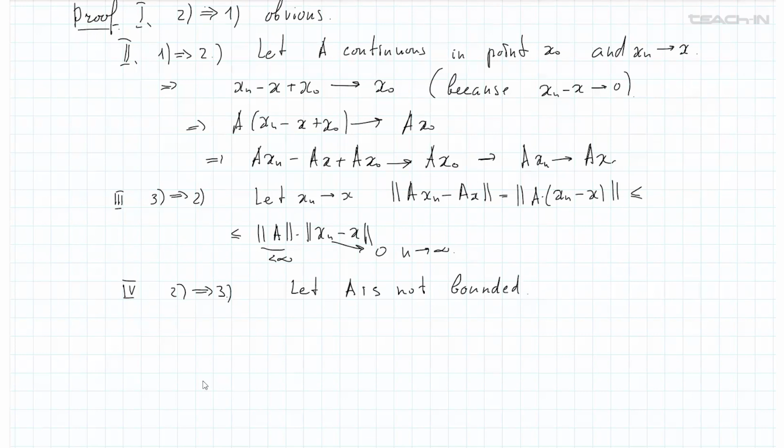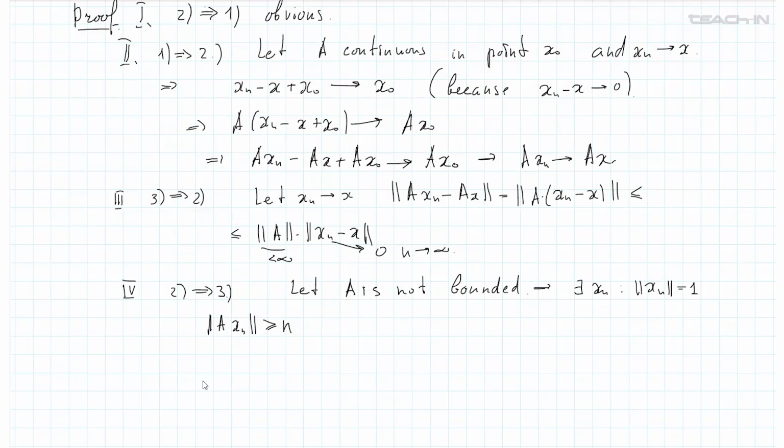Let this be the assumption. Then I take the definition of the norm on the unit sphere. Then there exists a sequence xn such that the norm of all elements is 1 on the unit sphere, but the norm of Axn is not less than n. Yes, if the operator is not bounded, we can obtain any value of the norm on the unit sphere.